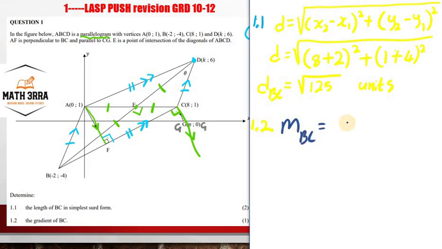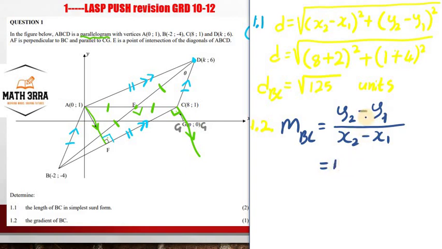The gradient of BC is going to be defined by the change in y over the what? The change in x. That's our equation for the gradient given 2 points on a straight line. So I'm going to maintain this as my point 1 and this as my point 2. At point 2 my y is 1.